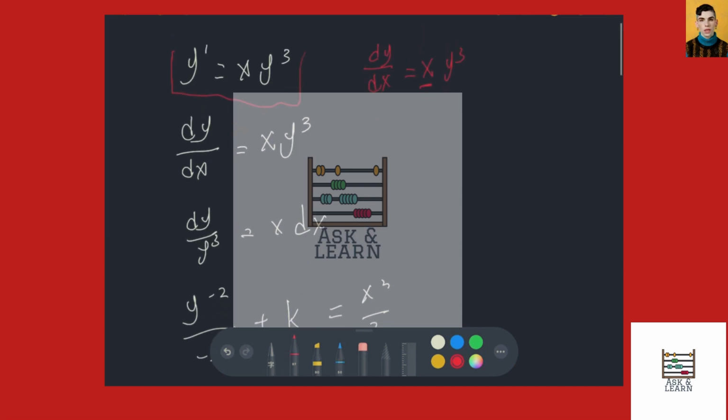But for problem 1, what's the property of this differential equation? We have no idea, so we need to solve the differential equation.